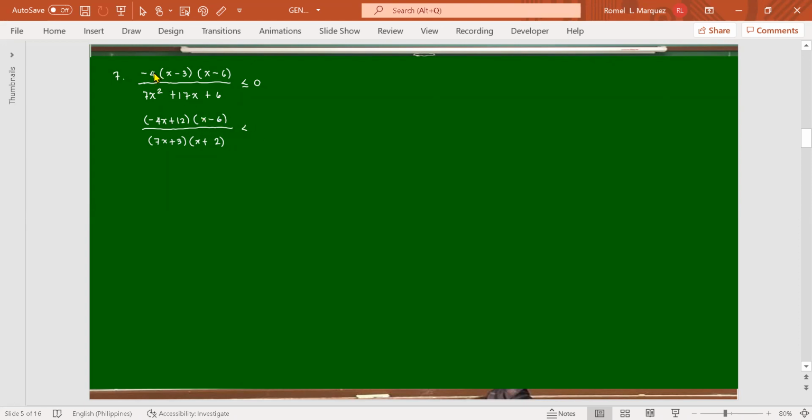You can choose to multiply the negative 4 to the x minus 3 or the x minus 6. It's all right. You can put negative 4 here so that you will have negative 4x, positive 24. But you have to just copy the x minus 3 as the first one. So it's up to you. You do not have to worry. You will get the same answer at the end. Okay? So what are the critical numbers, guys?